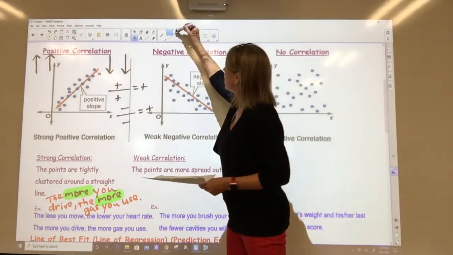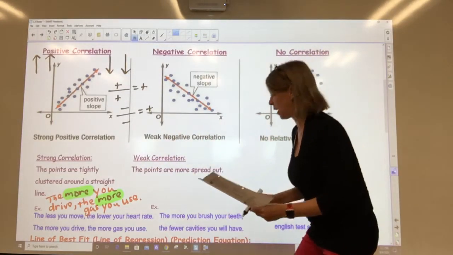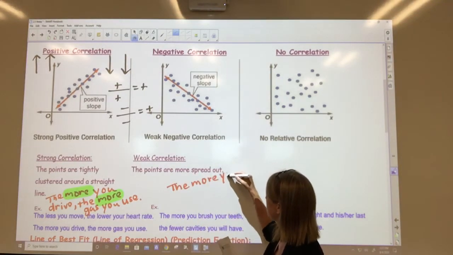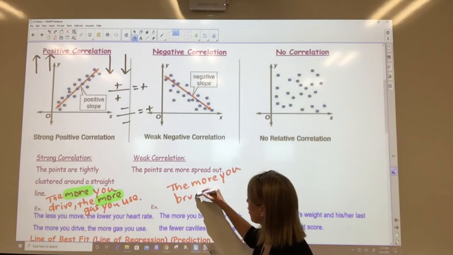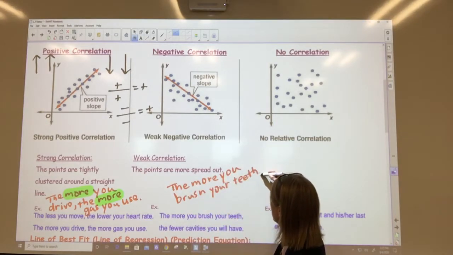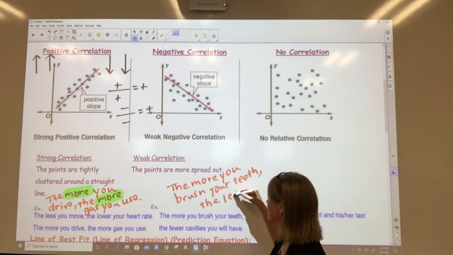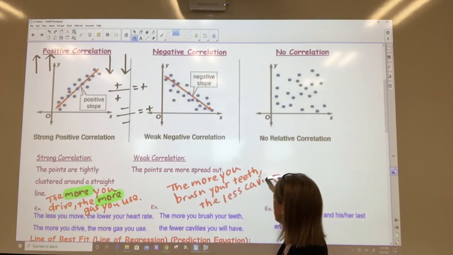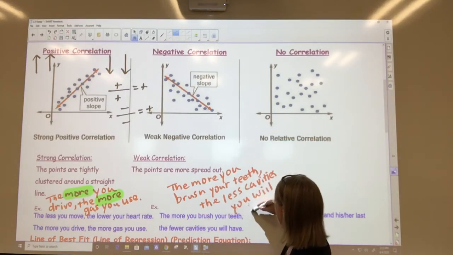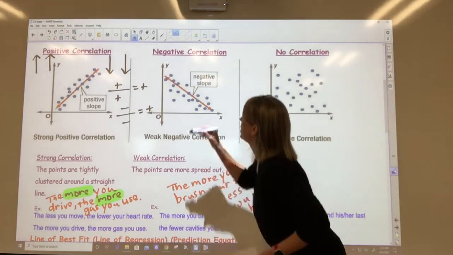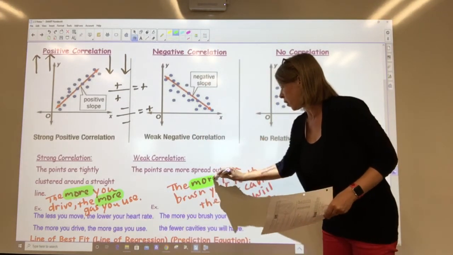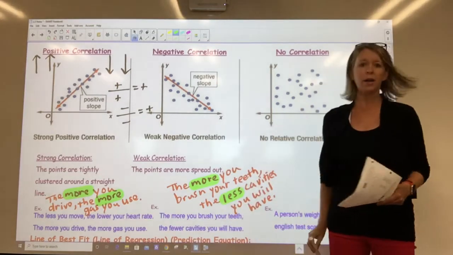Okay, now a negative correlation. I'll have you write this example down. We're going to say the more you brush your teeth, the fewer cavities you will have. I'm going to highlight our key descriptor words here: the more you brush your teeth, how does that affect your cavities?